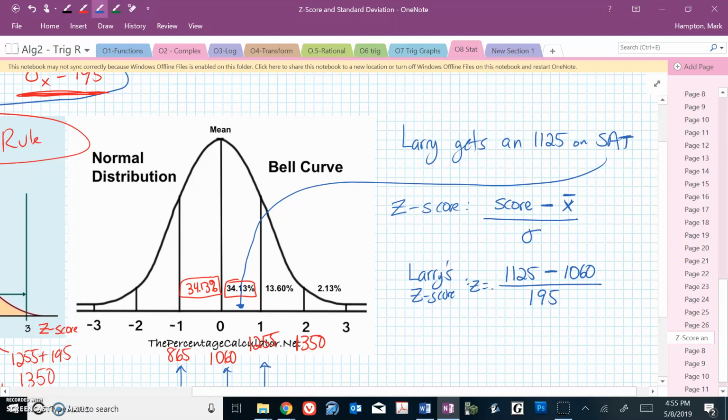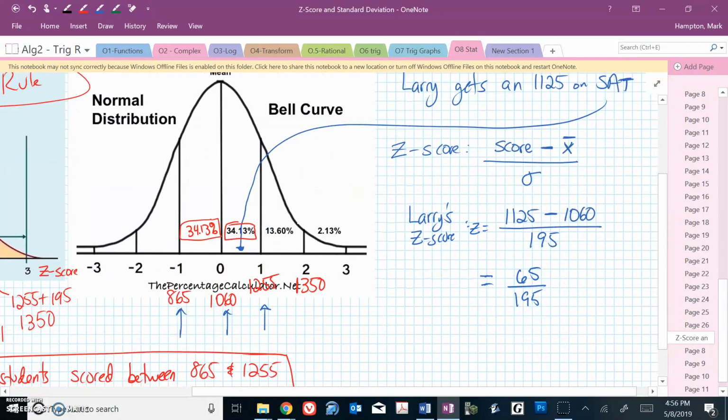All right, so a quick calculation with our calculator. We come up with 1125 minus 1060, so that gives us 65 over 195. And so 65 divided by 195 is 0.33 repeating. Good job, Mr. Hampton, picking a score that has a nice, lovely decimal on it.